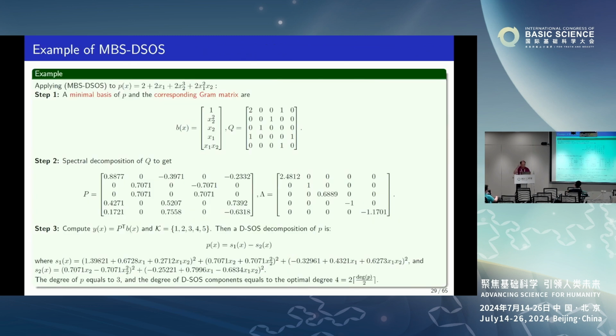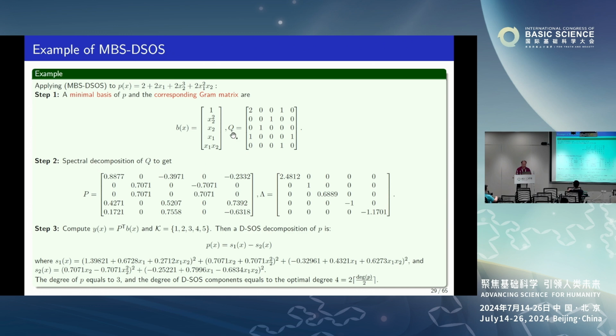That is an example. I think it's trivial, so I will go through it very quickly. We get some minimal basis Bx first, using the procedure presented, and find the matrix Q by solving the linear system. You see the solution is very sparse, so in practice it is very efficient to solve, even when the scale is very large.